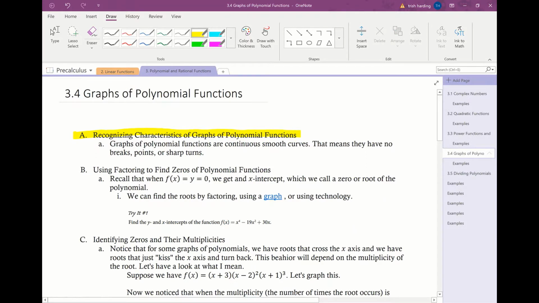Something about polynomial functions is they are smooth and continuous. So what that means is a polynomial function would look something like this. What would not be a polynomial function is something that has a sharp turn like that. Something that has a break in it, that's not allowed.